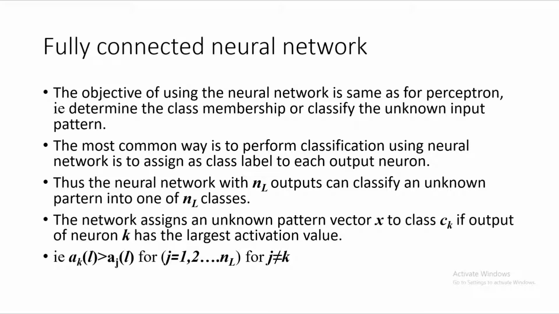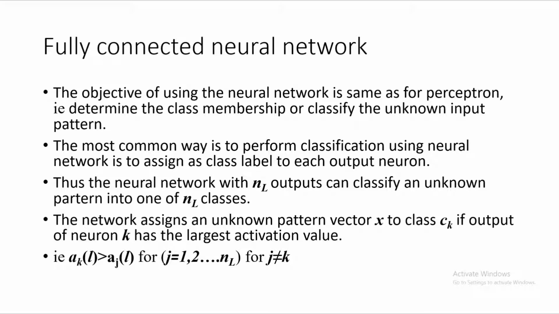The most common way to perform the classification using the neural network is to assign a class label to each output neuron, and thus a neural network with N_L outputs can classify an unknown pattern into one of the N_L classes, and the network assigns an unknown pattern vector x to class C_k if the neuron k has the largest activation value.